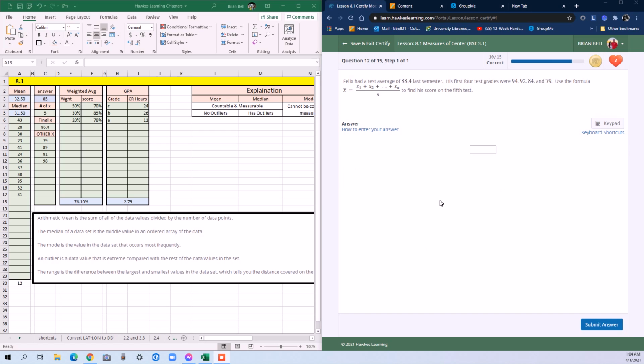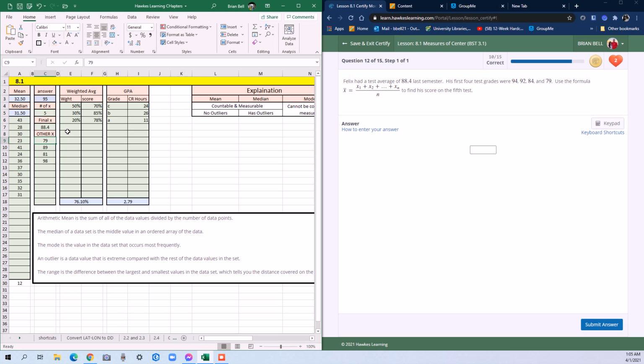Okay, so this is actually a very important one that I wanted to make sure we got in here. So what we're going to do here is this middle tool. I didn't bother giving it a name because I didn't really know what to call it, but it's basically your average. So the guy had an 88.4 average, and that is going to be right there in the final X column. So 88.4.